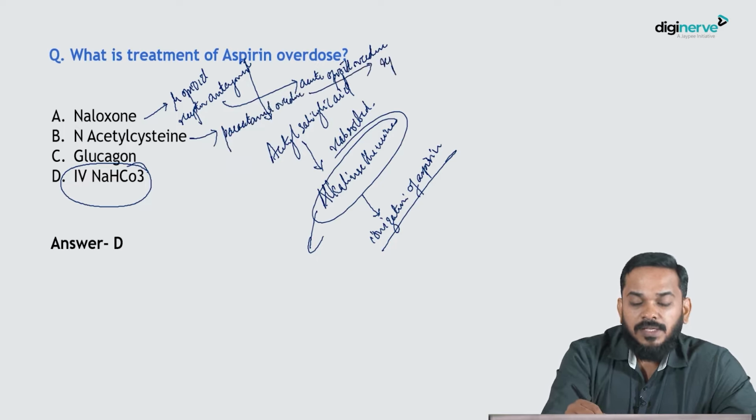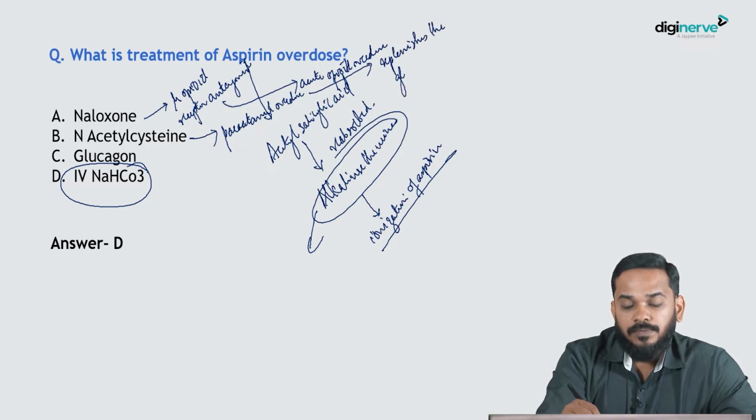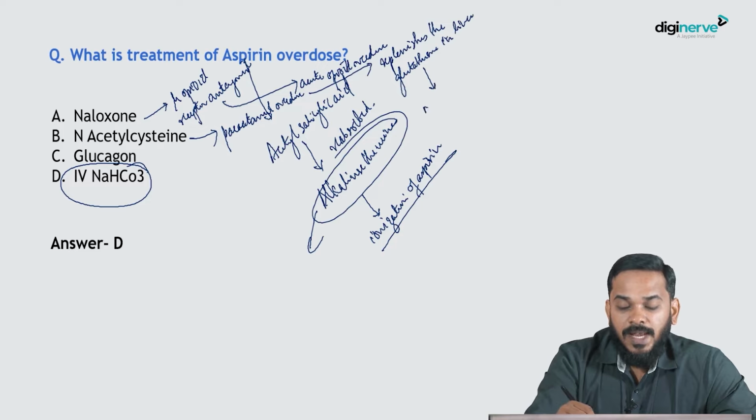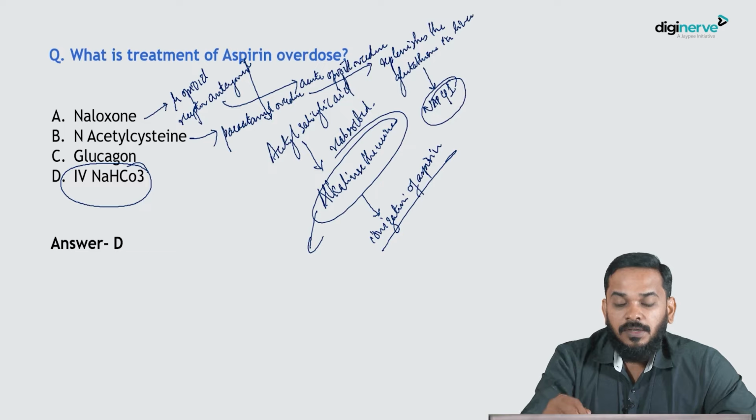It replenishes the glutathione in the liver so that N-acetyl-p-benzoquinone imine can be conjugated and eliminated.